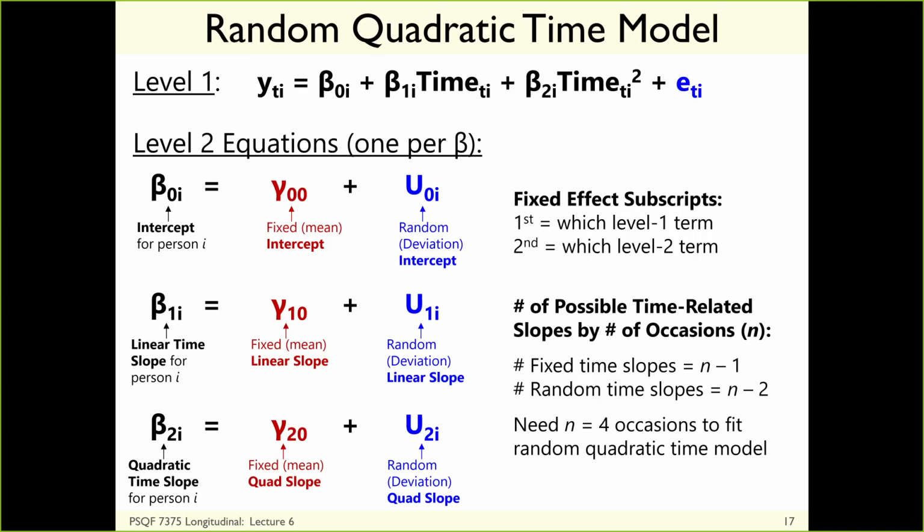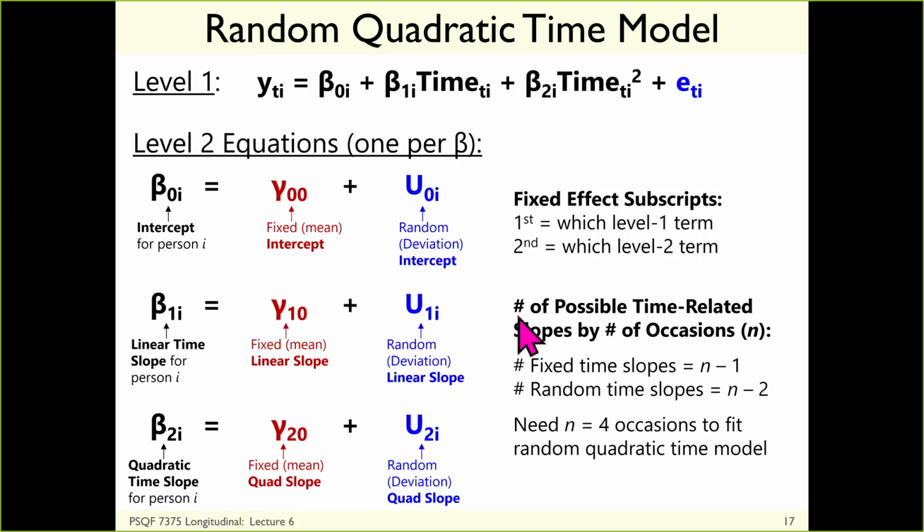How many blue things? Yes, 4. So there's 1 variance at level 1 because I have 1 E residual variance that right now I am saying is constant over time and people. So that's 1 number for the variance of all the E's. Then I have the variance of the U0s across people, a variance of the U1s across people, and a variance of the U2s across people.